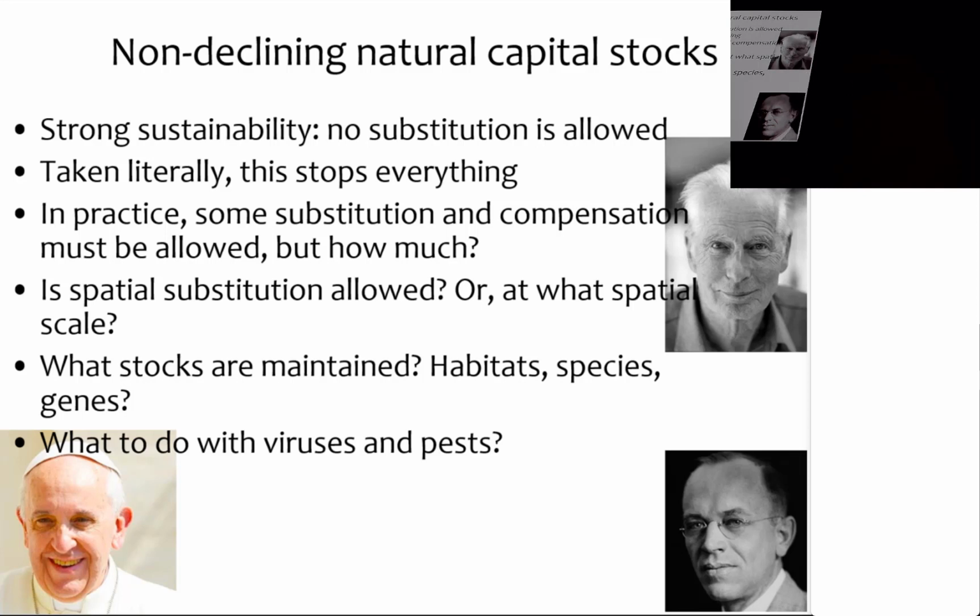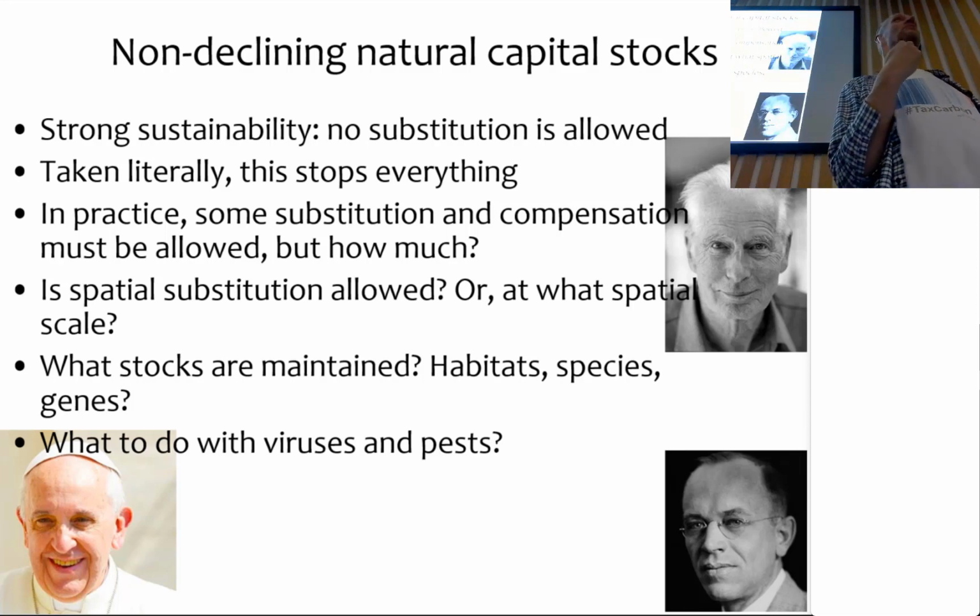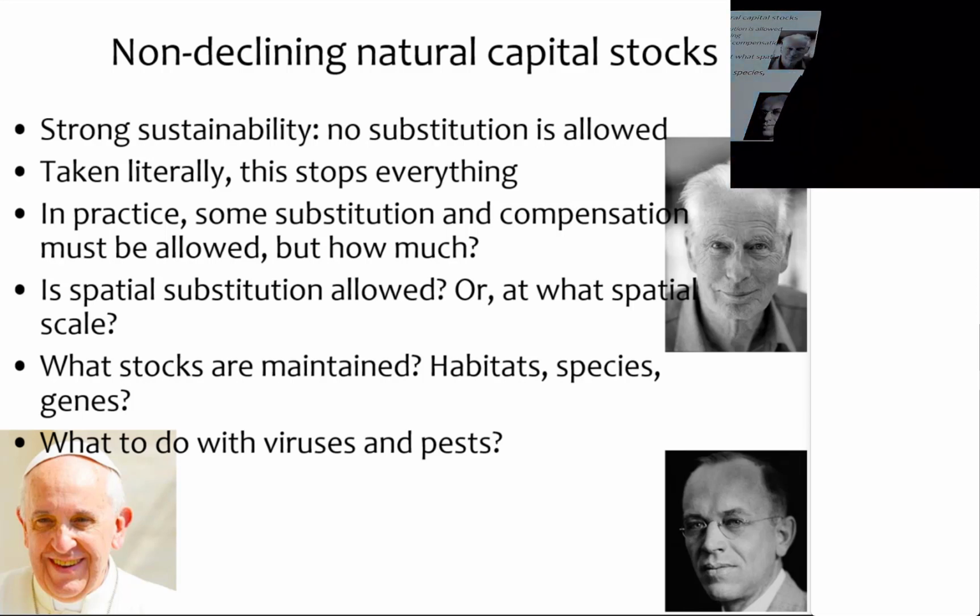So if you're building HS2 and it's going to go through a forest, and it will go through a forest, and you're cutting down those trees, then you need to compensate that by planting trees elsewhere. Right? Because the total number of forest area, according to this particular interpretation of sustainability, should stay intact. Of course, if you say, well, trees should just stay where they are, you can't build HS2, right?